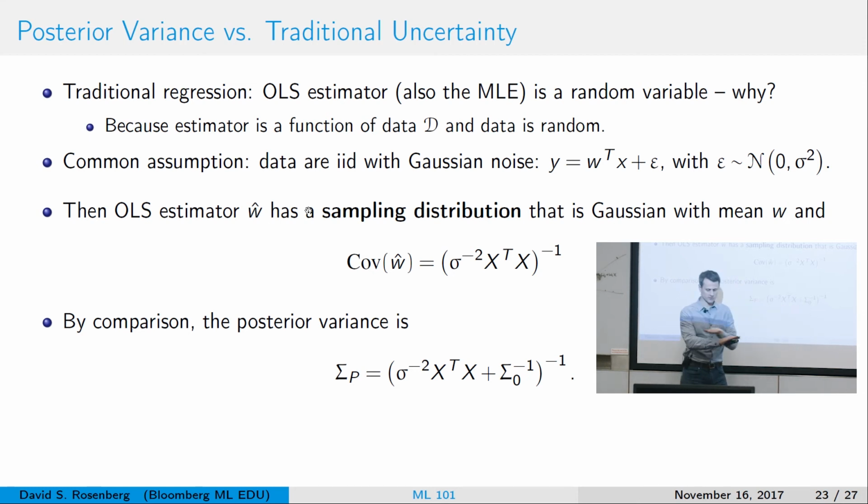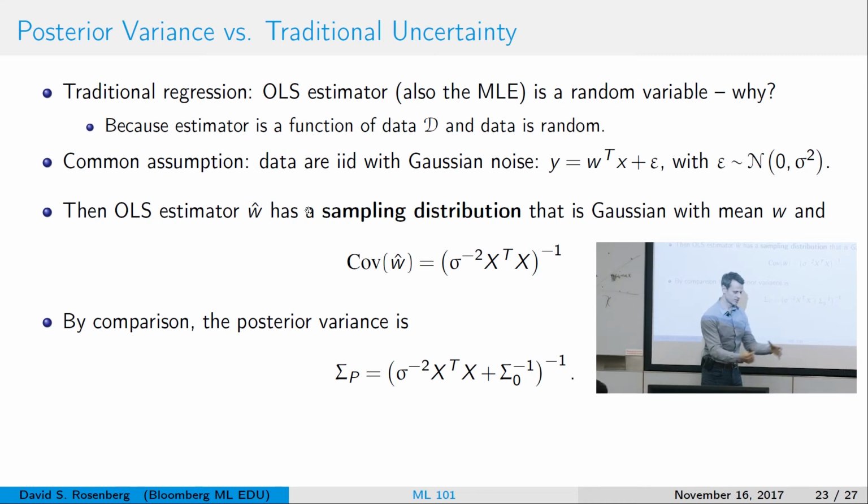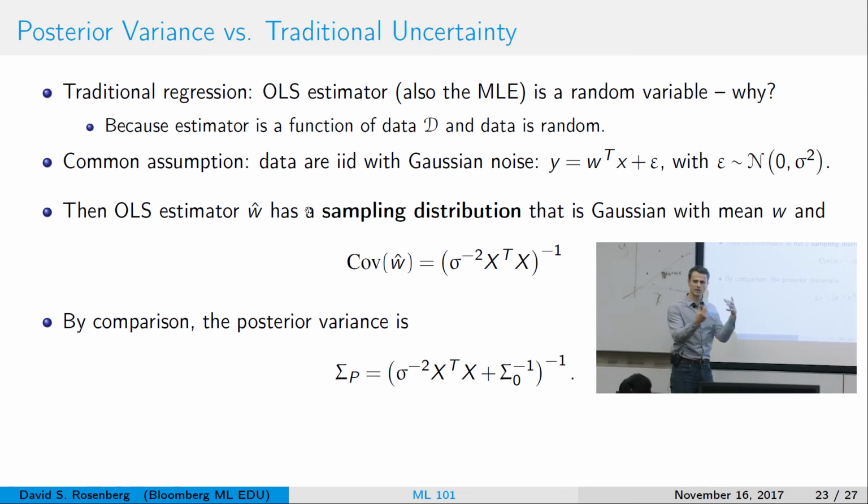So when sigma 0 is very large, a very unconfident prior, these two covariances are very similar. If we have a very confident prior, so sigma 0 is very small, then these are quite different. Is this smaller or larger? If sigma 0 is very small, sigma 0 inverse is large, which means the inverse of the full expression is small again. So when we have a very tight prior, that gives us a tight posterior.